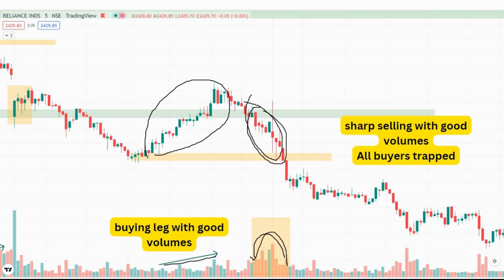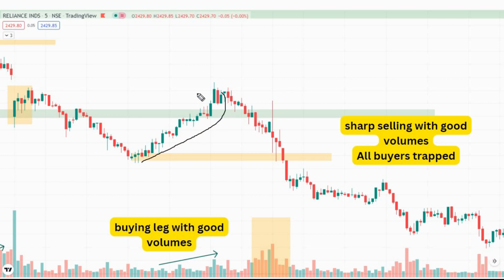See, if these bulls were very strong, then with increase in volume they should have continued the upward momentum, but what happened? Immediately the next day all these bulls are kicked out of the market and absorbed. The bullish pressure that is present from here is completely absorbed by this selling.